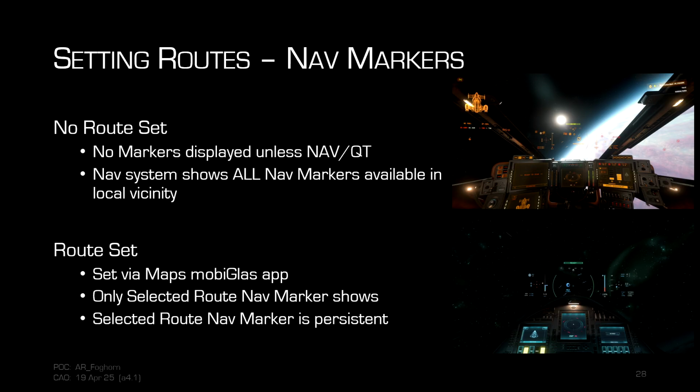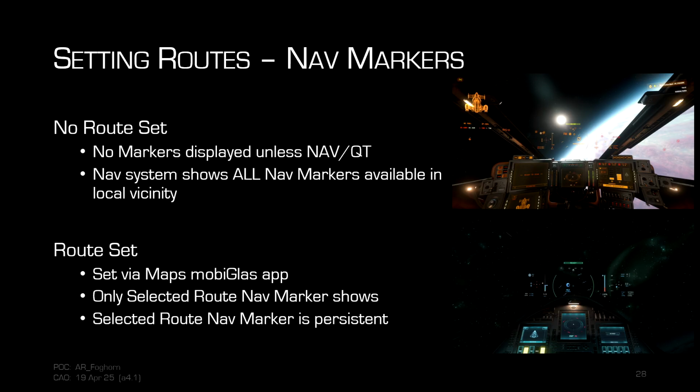And then when you get to that nav marker, the nav system should auto increment to the next steer point. So for leg 2, the only nav marker that'll be showing is that one. And it should just lead you to where you're going when it works.